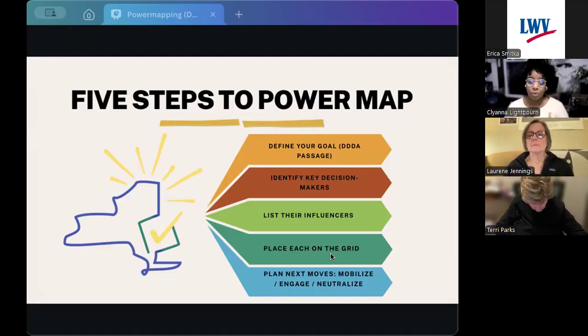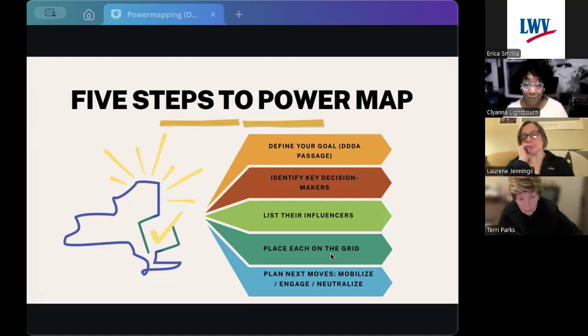Then we're going to list who influences them. Press is a huge influence. Advocacy groups, constituents, voters are all people who are big influences to Senate and Assembly members. Then you would take time to plot them on the grid. Who has high influence and high support for getting your potholes filled?